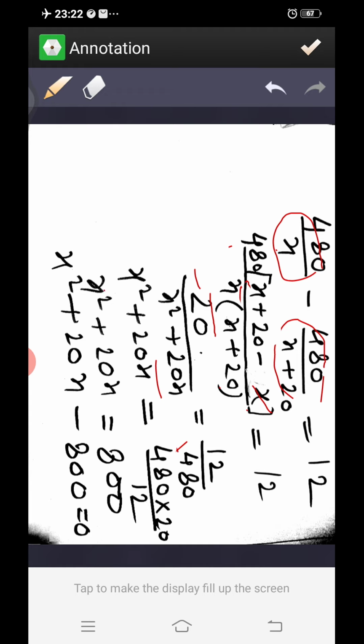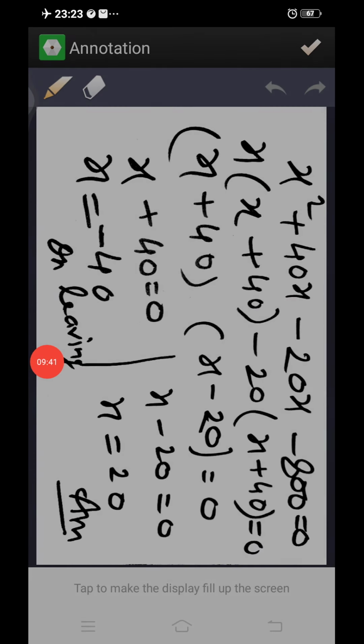Then x square plus 20x equals 20 into 480 upon 12. 12 divides 480, how much? 12 fours are 48, so we get 40, and 40 into 20 equals 800. We bring this 800 to the left hand side and transpose it, we get minus 800. This means we get our quadratic equation x square plus 20x minus 800 equal to 0.